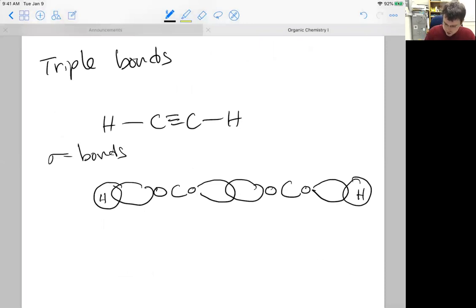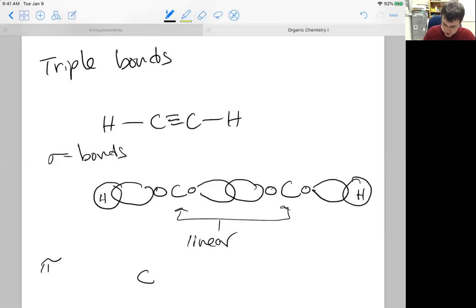Now my pi bonds are going to be perpendicular to those sigma bonds that form a linear geometry. So both of those carbon atoms have a linear molecular geometry across the three atoms. The HCC connection in either case for either carbon is linear. Okay, so the pi bonding network is a little bit tough to draw.